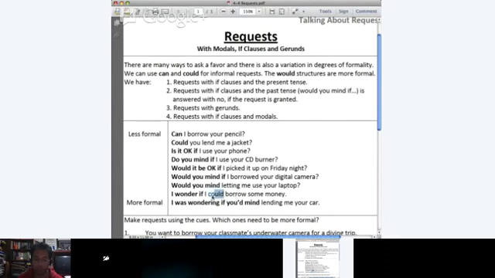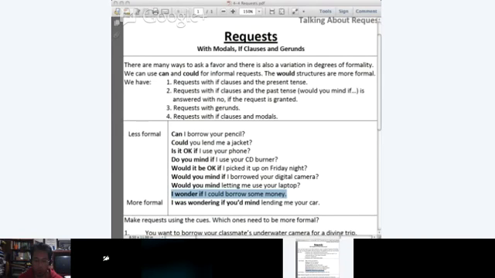They're auxiliary verbs. So there's an if clause here, and then there's an auxiliary verb, could, and what is the main verb in this request? Borrow. Good. You're talking about borrowing. You're asking if you can borrow.